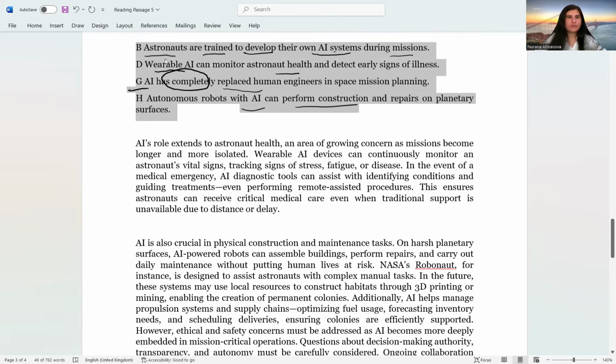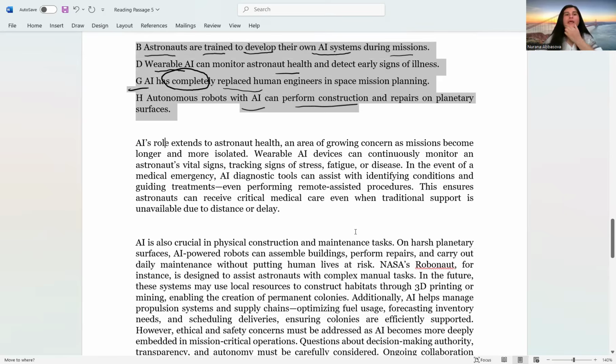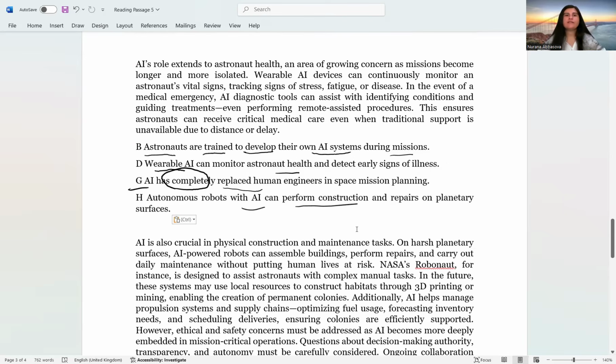Yes. Okay, let's move down. AI's role extends to astronaut health, an area of growing concern as missions become longer and more isolated. Wearable AI devices can continuously monitor an astronaut's vital signs, tracking signs of stress, fatigue, and disease.